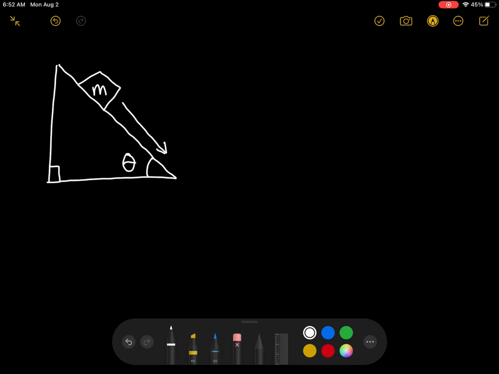For example, since the mass is just going down this slope, and we want the acceleration in that specific direction, we can say that this position is just dictated by the position r down the slope of the ramp. So the position is just r, its derivative is r dot.